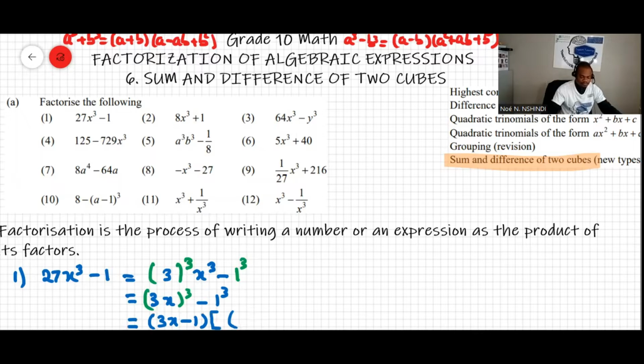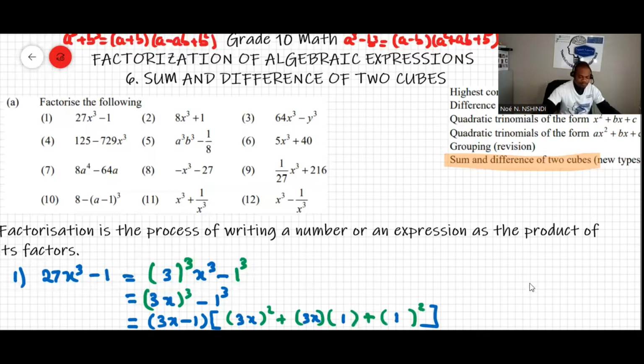A squared minus ab, no, it's plus ab plus b squared. That's the formula now. Substitute. So it's going to be 3x to the power of 2 plus a times b, where a is 3x and b is 1, and then plus b squared, 1 squared.